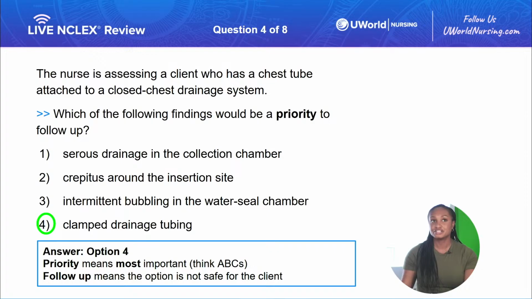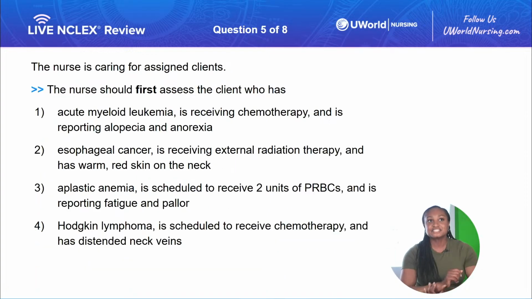So good job. Next question, the nurse is caring for assigned clients. The nurse should first assess the client who has what? So another prioritization type question. Option 1, acute myeloid leukemia is receiving chemotherapy and is reporting alopecia and anorexia. Option 2, esophageal cancer is receiving external radiation therapy and has warm red skin on the neck.